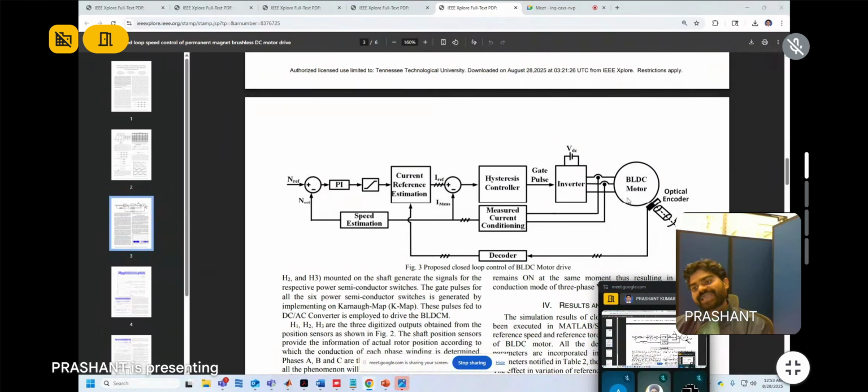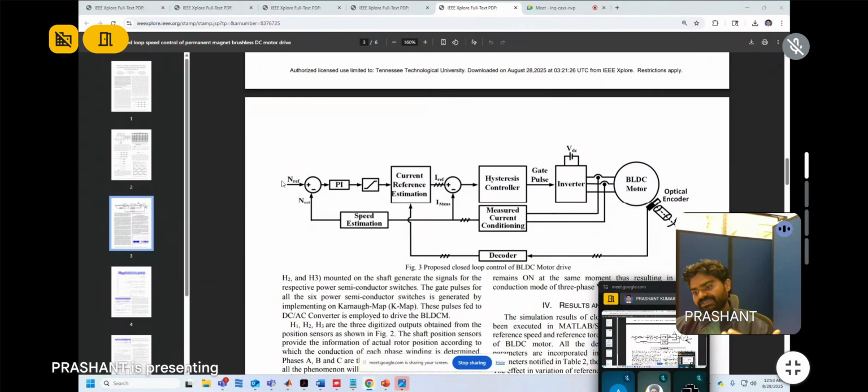Now, the actual speed of the motor is sensed and compared with the reference speed. Now there is an error amplifier, which recognizes the system state.